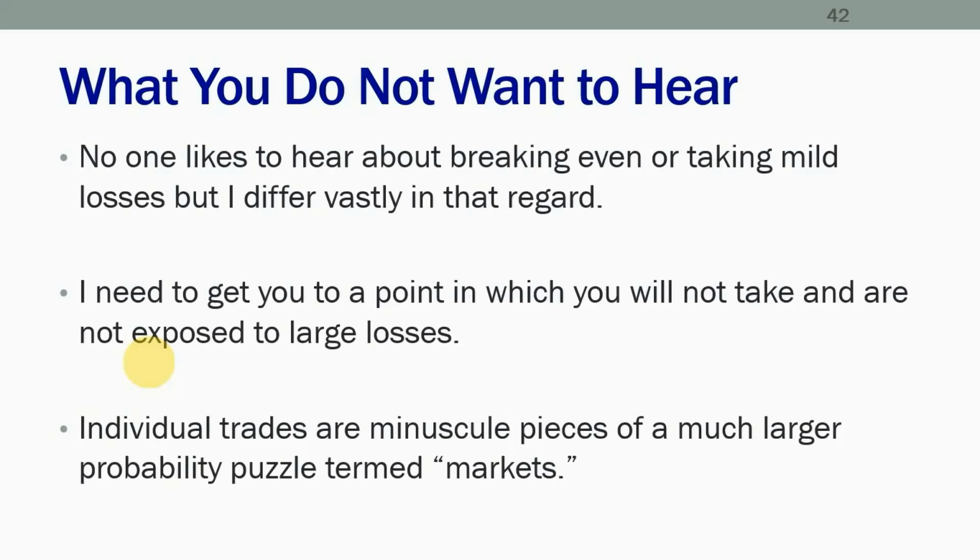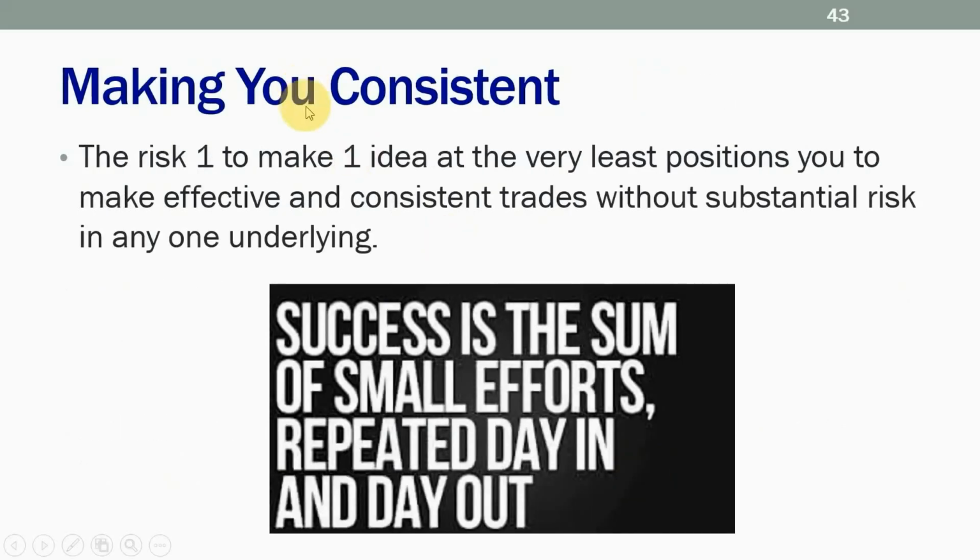Individualized trades are just minuscule pieces of a much larger probability puzzle termed the markets. What we have to get you to initially is this: making you consistent. Now, people love to do all kinds of crazy trades. You risk one to make three. Listen, we have a trade here at Theo Trade where you risk a buck to make 10.